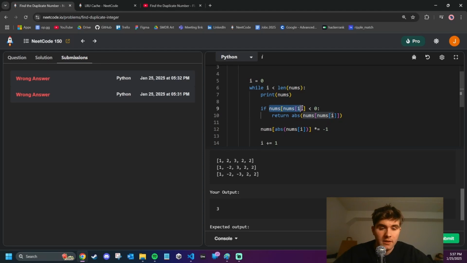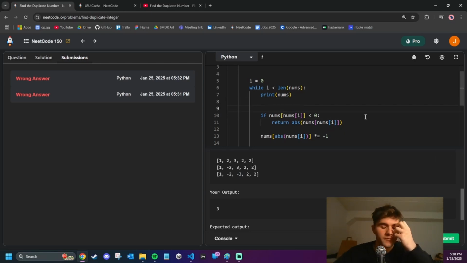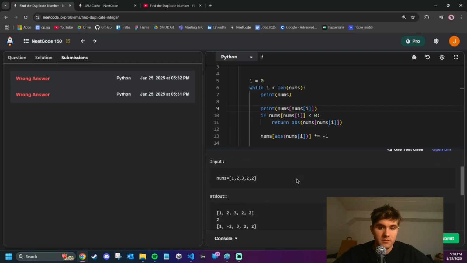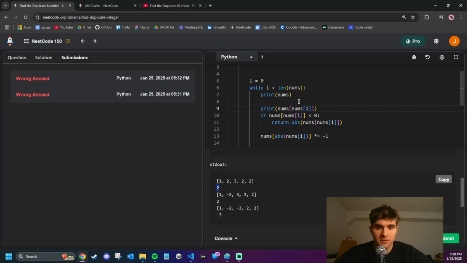So it's saying nums, but we don't care if this one's negative. We want to say the one that we're searching, because let's print nums of I. So nums of I is 1, so it searches here.